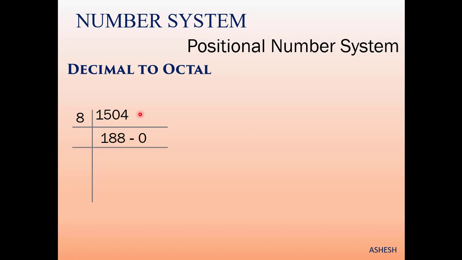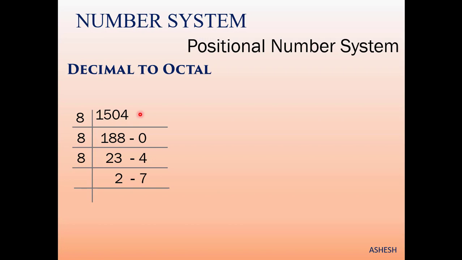And 188 divided by 8 will get 23 as quotient and 4 as remainder. 23 divided by 8, quotient 2 and remainder 7.